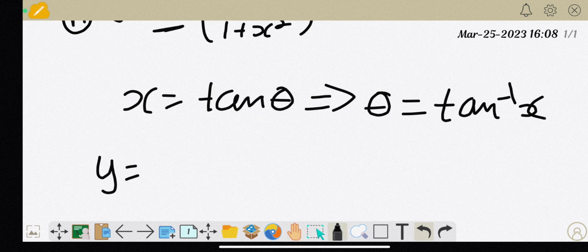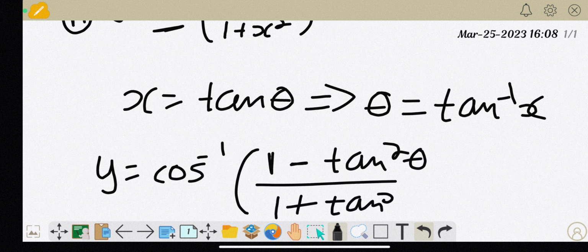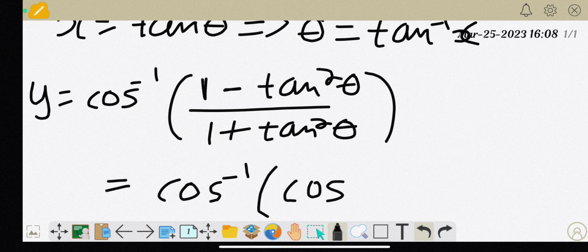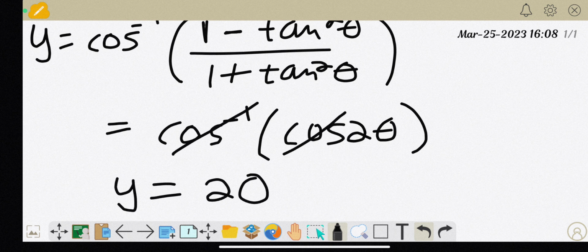So y is equal to cos inverse of (1 minus tan square theta) by (1 plus tan square theta), which is again equal to cos inverse of cos 2 theta, correct? Now cos inverse function and cos function will cancel, so y is equal to 2 theta, correct?